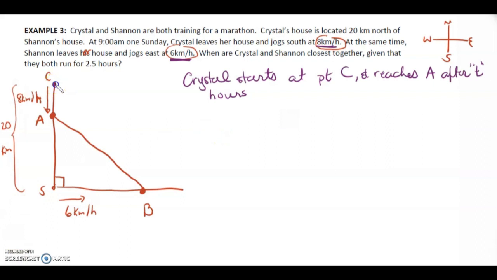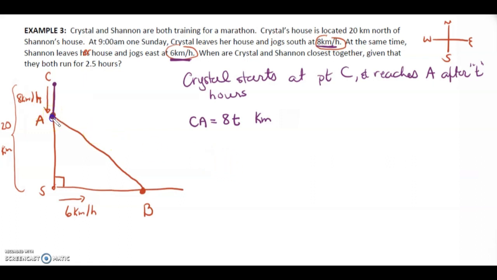So the length of this line right here from C to A, CA, is actually going to equal 8 kilometers an hour times the number of hours run, so the distance is going to be 8t kilometers. I can't tell you exactly how many kilometers that is because we don't know what t is. We don't know how long they ran for.